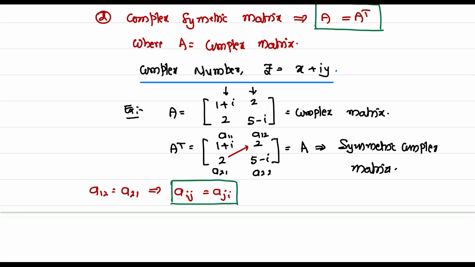In a complex symmetric matrix where complex numbers are there in the matrix, Aij is equal to Aji. We are talking about only complex symmetric matrix.